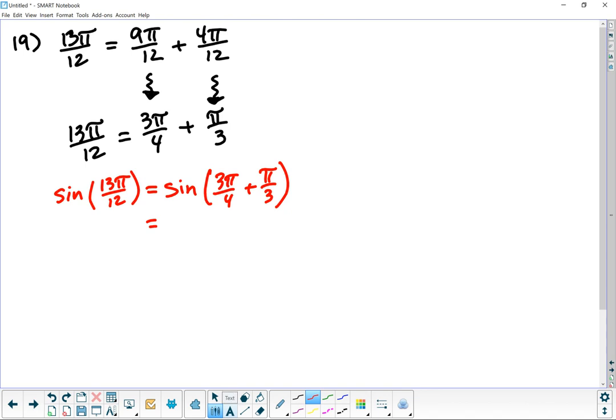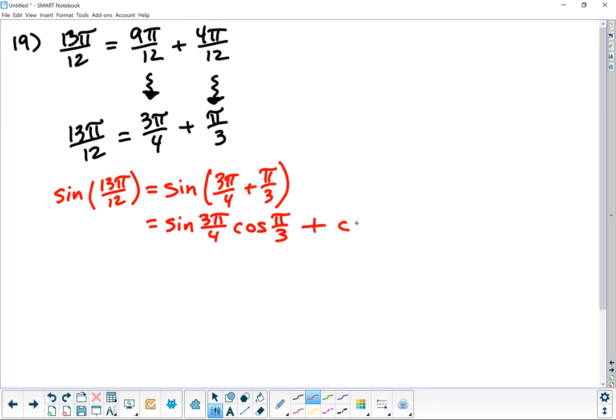The sine addition formula is sine 3 pi over 4 cosine pi over 3, and sine is the same, so you use addition. And now it's cosine pi over 3 times sine... sorry, backtrack, that looks a little weird.